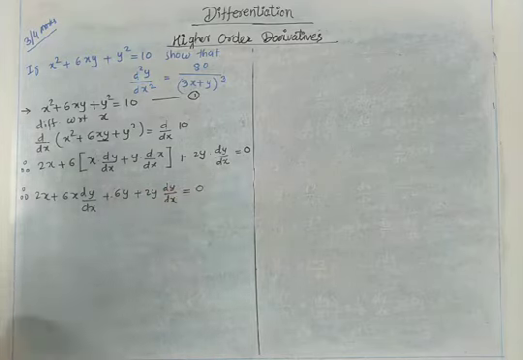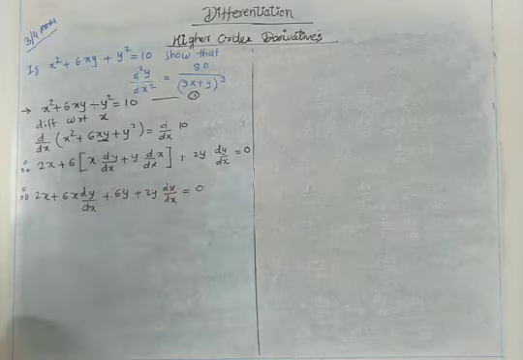Okay, now take dy by dx common. So from this we will common out dy by dx. So 6x plus 2y is equal to, shifting this value to the opposite side, minus 2x minus 6y.